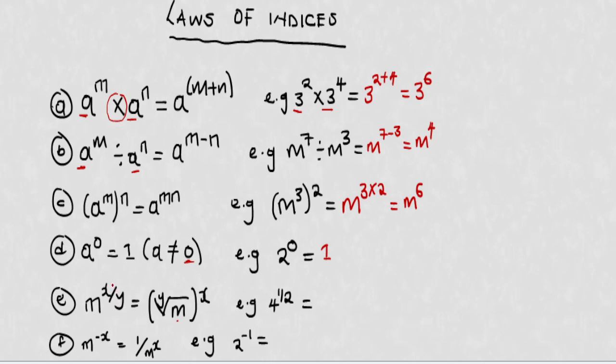The fraction has the top part and the bottom part, the numerator and the denominator. The one which is down, the denominator, is the one that comes here. Then the numerator becomes the power of the whole thing.